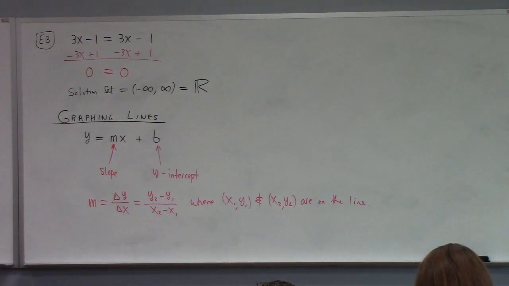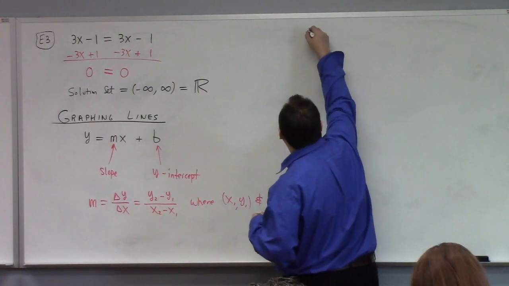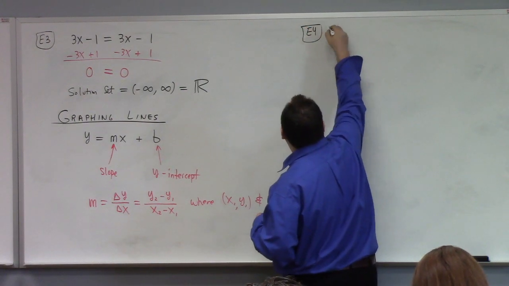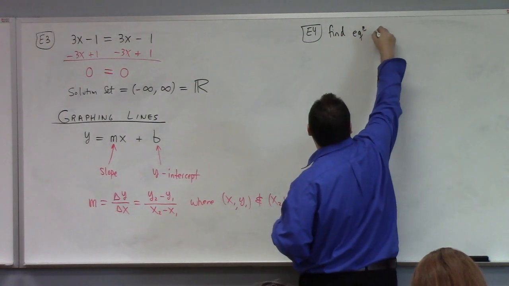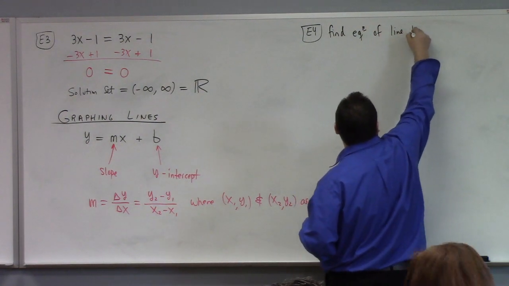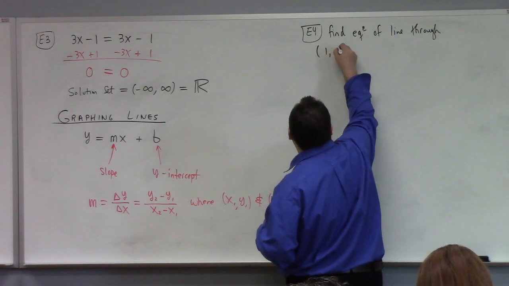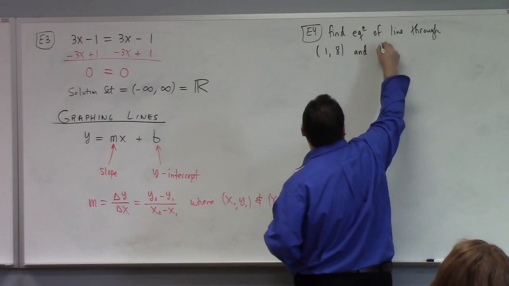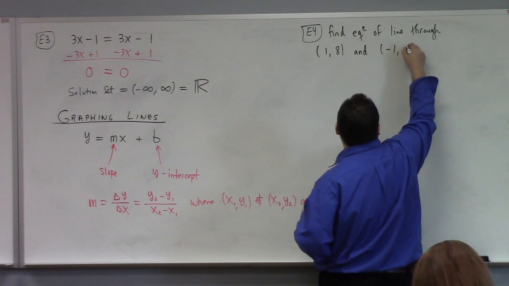Let's look at an example of this, yeah? So find the equation of the line through, let's say, (1, 8) and (-1, 4).